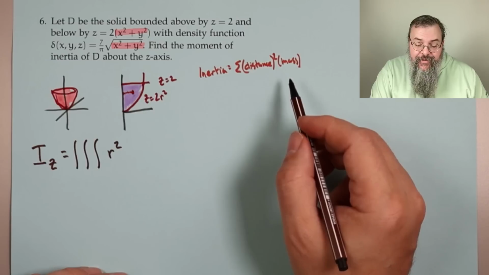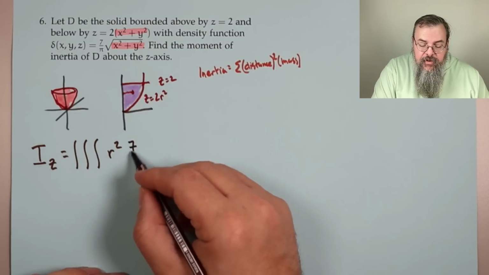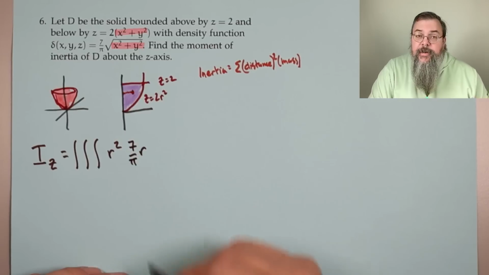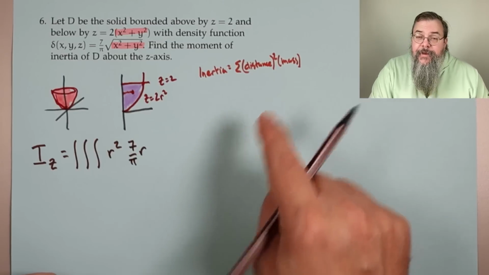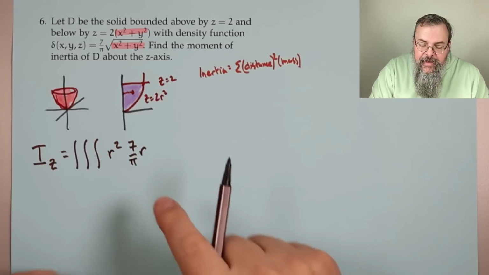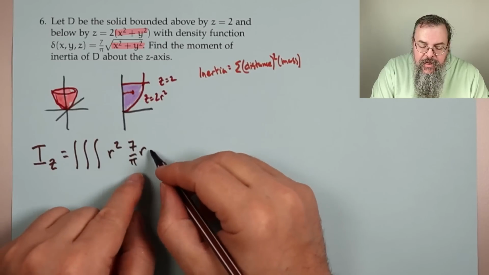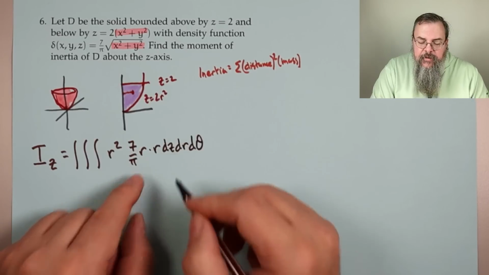How do we find mass? Well, mass is density, which will become 7 over pi r, times density times a small bit of volume. So it's density dV. Now what is dV? r dz dr d theta.